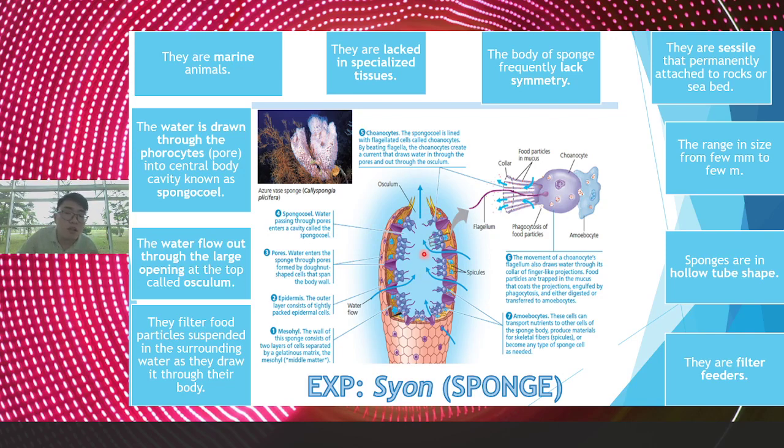Because it is a marine organism, water will come into the spongocoel every time. Dia tak macam human, live in terrestrial, not live in river or even sea, but this animal lives in the sea, so it has water at the surrounding.